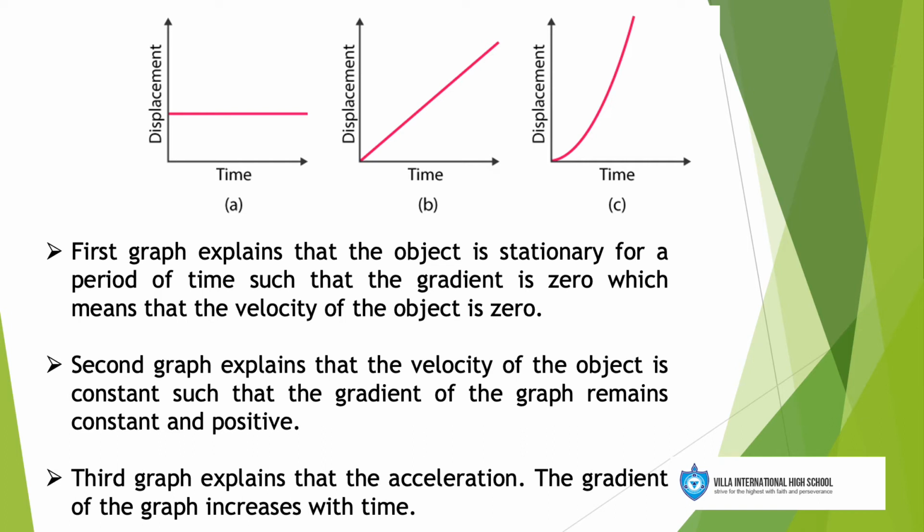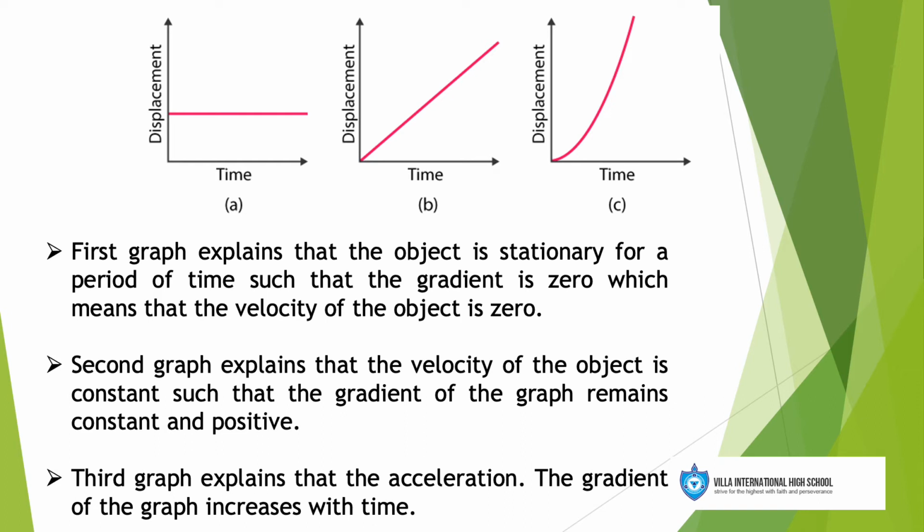And initially the gradient is less and the gradient is increasing when it is moving up, which means that velocity is less at the beginning, and the velocity is increasing. So it represents acceleration. So the first graph represents rest, the second graph represents uniform motion, and the third graph represents acceleration.